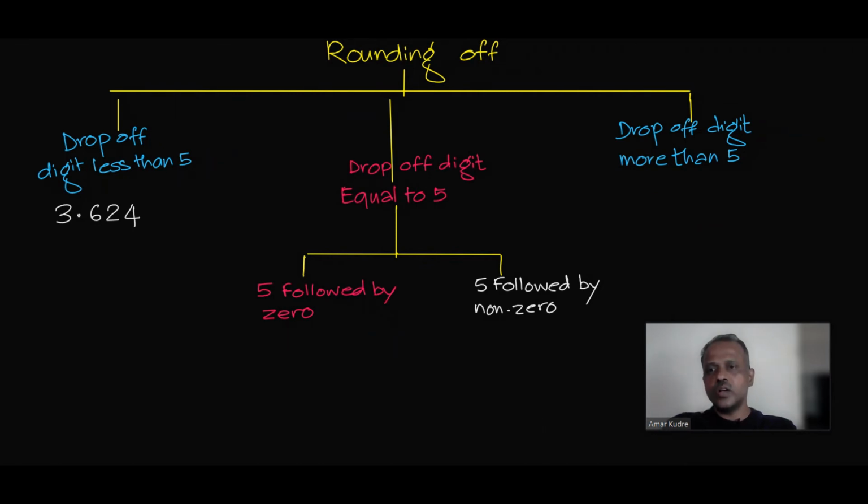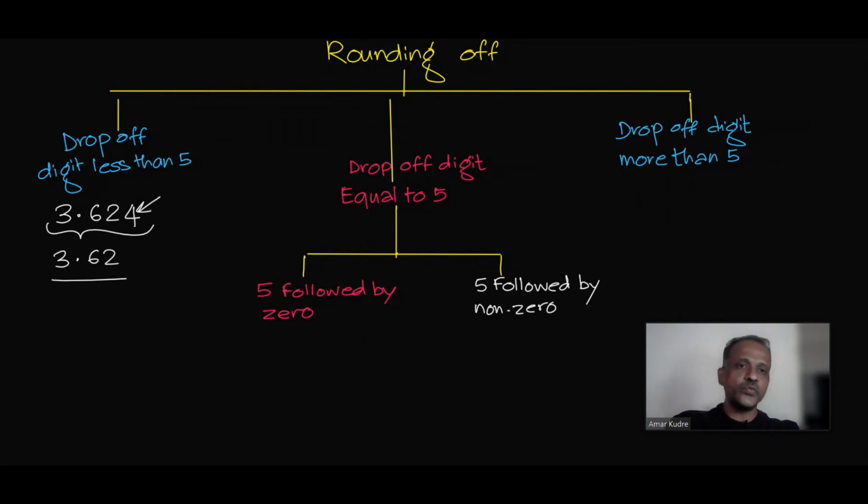Rounding off means we have to drop a digit which is less than 5. So 4 obviously is less than 5. How to drop it? The preceding digit remains the same, so in this case 3.62. This would be the rounding off for this number.